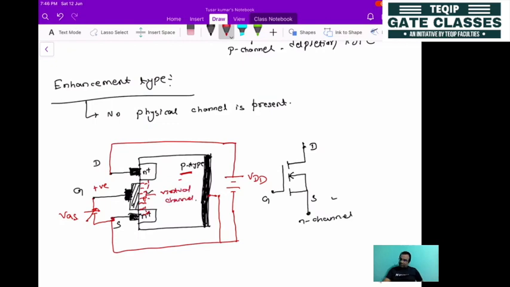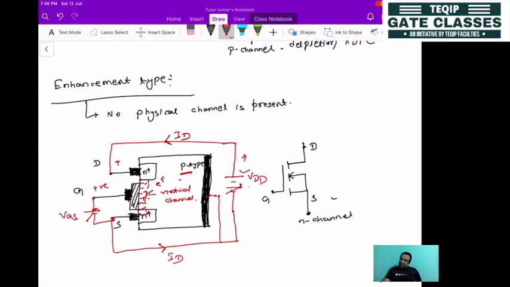channel. Now when you apply the drain to source voltage, the electrons will move in this direction, because the positive terminal is connected here and will attract all the electrons. So electrons will move in the upward direction, and the drain current will be exactly opposite to the movement of the electrons, in this direction.